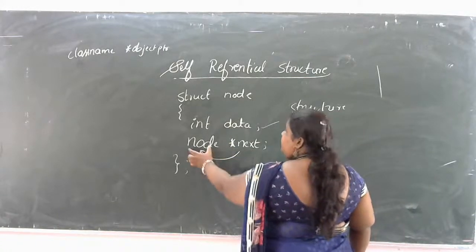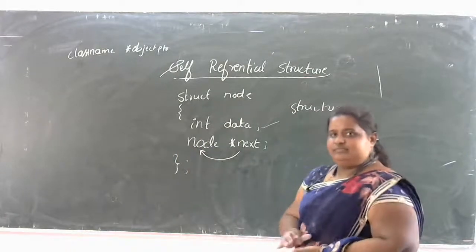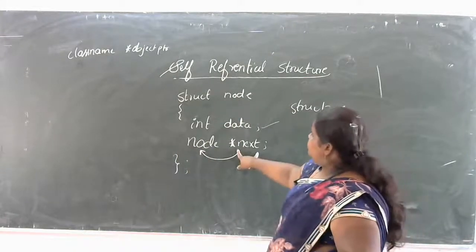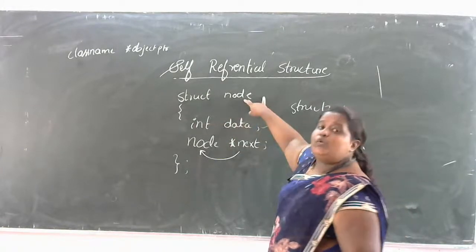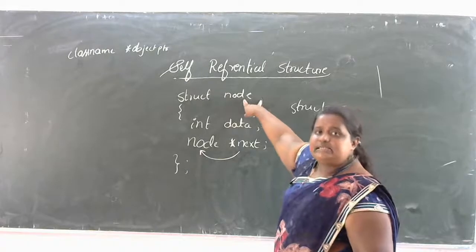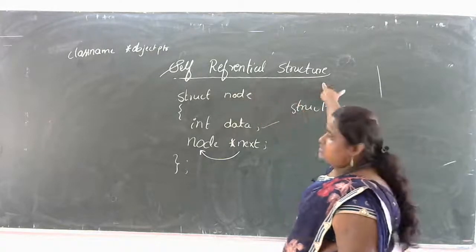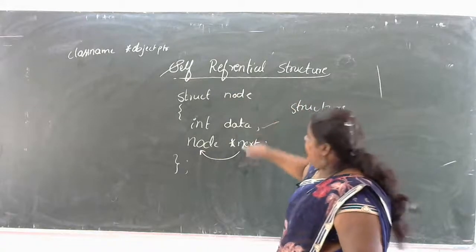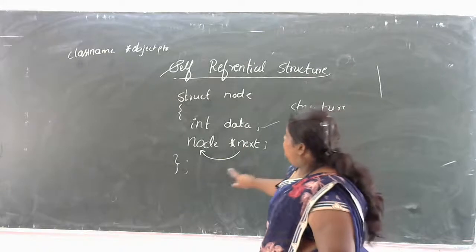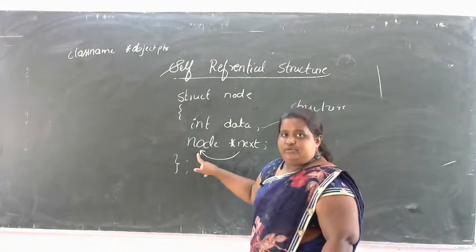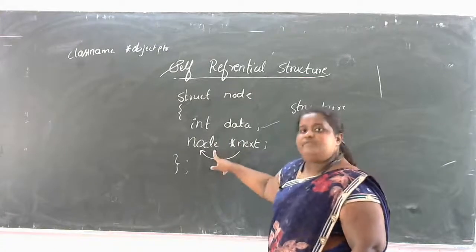This pointer is pointing to the structure node. Star next is a pointer which is pointing to the node structure, which is of the same type.